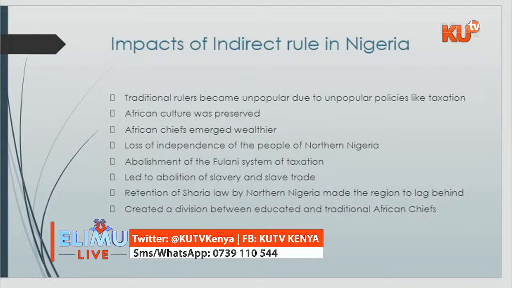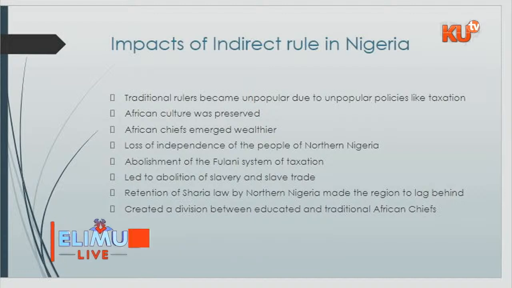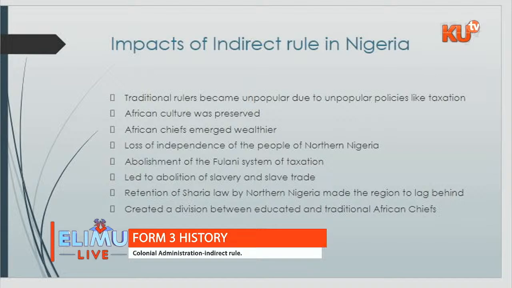To date, in various parts of northern Nigeria, the local chiefs have been maintained and the autonomy is still maintained. Most of it is even hereditary. Most of the chiefs leave it to their children after they have died, so it is even inherited. This is an aspect of African culture that the British maintained thanks to indirect rule.